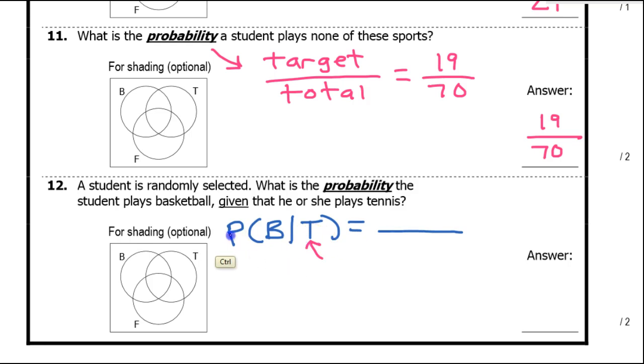The given, all right, this is the probability of B given T. The given is always going to be the new total. All right, the original total was 70. But when you have a given problem, you have a new total, a smaller total, and here it is. In this case, it's going to be T. The other number, guess what? That's going to be the target.